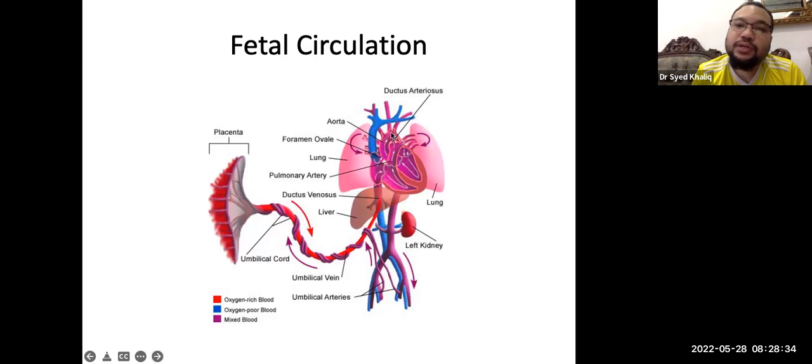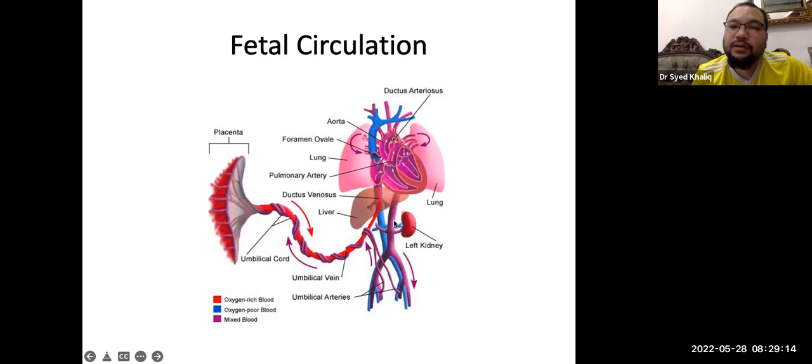So it gets into the aorta, and blood from the aorta, as usual, will be supplying the whole body of the baby, as per usual arterial circulation. From the arterial circulation of the whole body, it goes into the capillaries, into the veins, and back into the inferior vena cava, where, near the hepatic vein, it will be joined by the oxygen-rich blood from the umbilical vein.